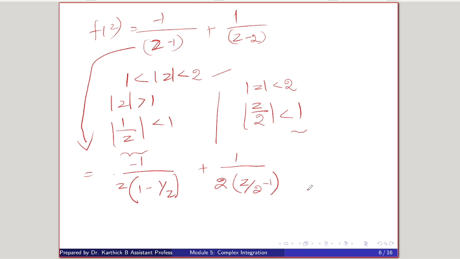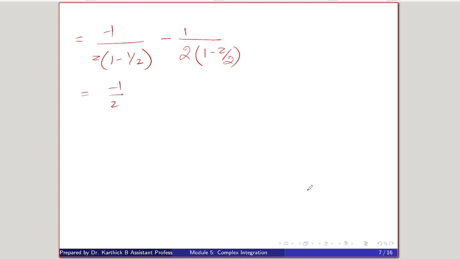Then I have to take the minus sign from this side, because to use the binomial expression, it should be 1 plus or 1 minus the second term. So in the next step, I am changing this to 1 minus 1 by z. Of course, it is in the right way. So now I may take minus from this term, 1 by 2 into 1 by 1 minus z by 2.